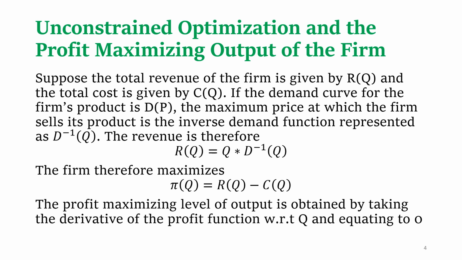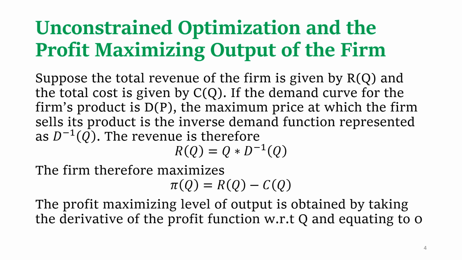So the firm therefore maximizes its profits, the difference between the revenue and the cost. That is to say, the greatest difference. It maximizes profit at a point where the difference between the revenue and the cost is the greatest.